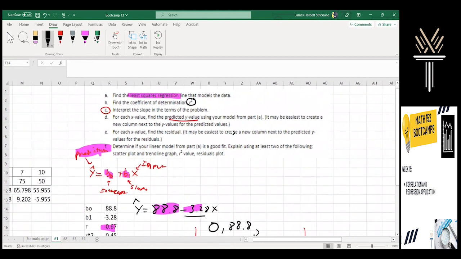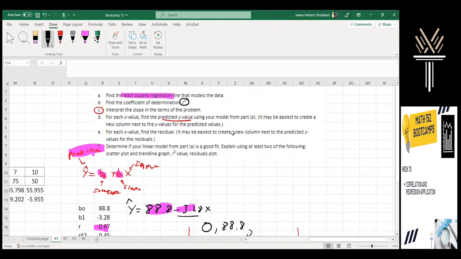Okay. So we now have our residual, and now we're going to determine if the model itself is good. In general, when you talk about a good model, they want you to talk to 3 things. They want you to know: is the scatter plot good? Is the R squared good? And is the residual plot good?